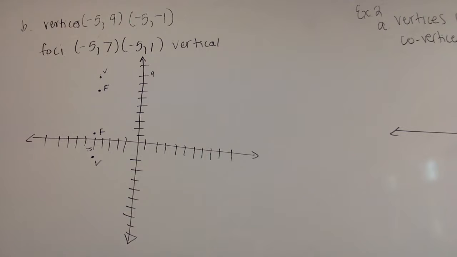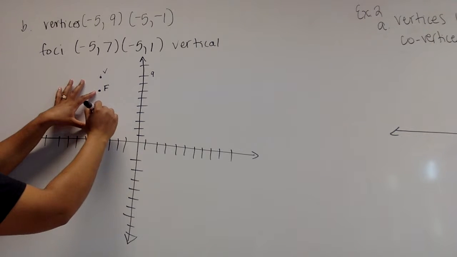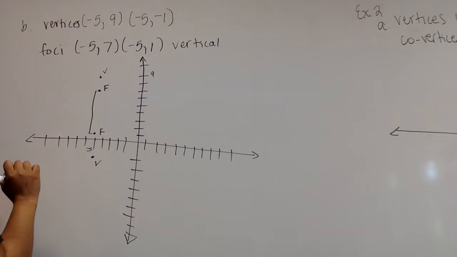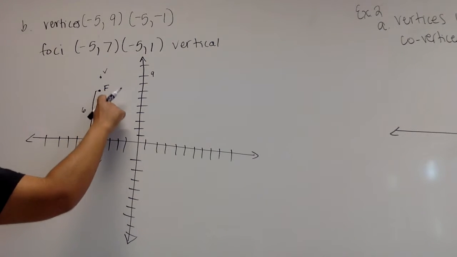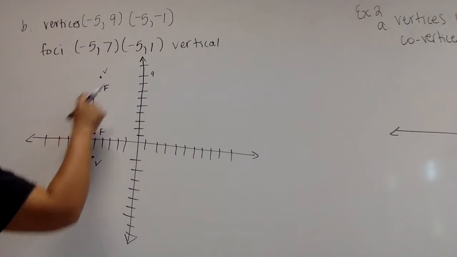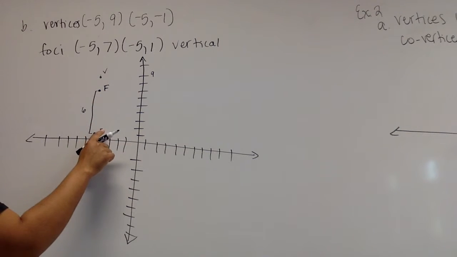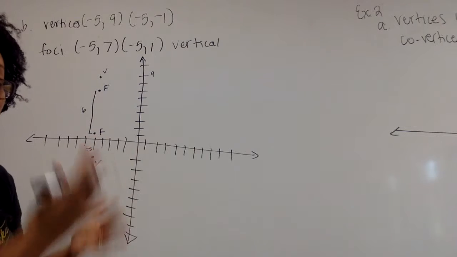So where we want to start, it's really up to you. I know that in between these 2 focus points is my center. The distance between this focus point to the bottom focus point is 6. I can get that from counting down. There's 6 units here, or 7 minus 1 is 6. So if my focus points have a distance of 6, that means that my center has to be in the middle between those 2.